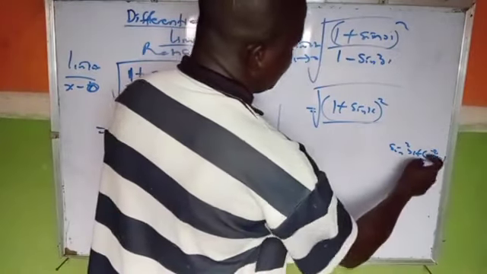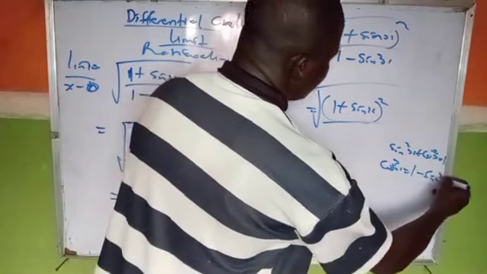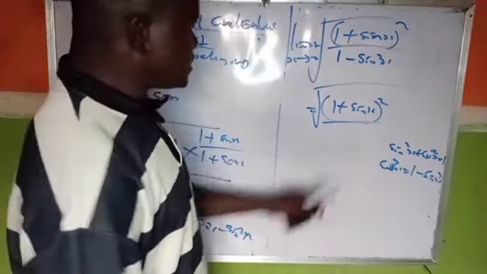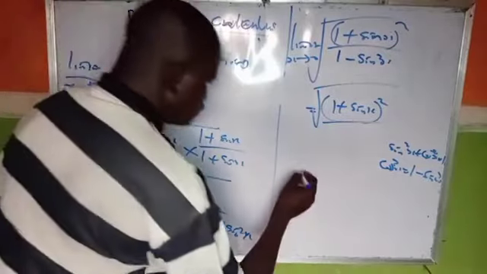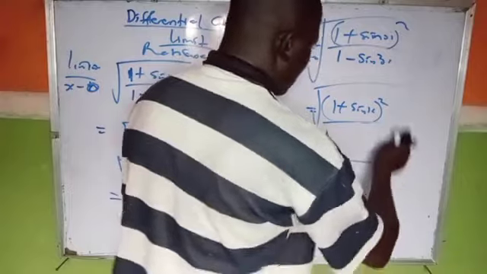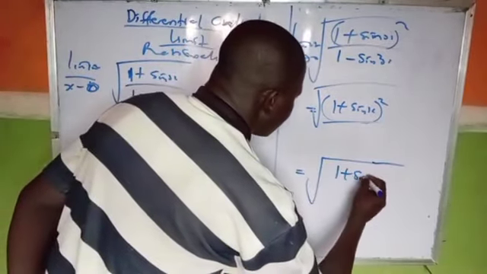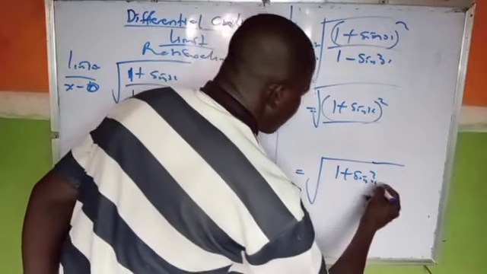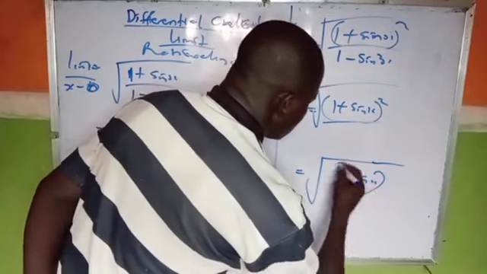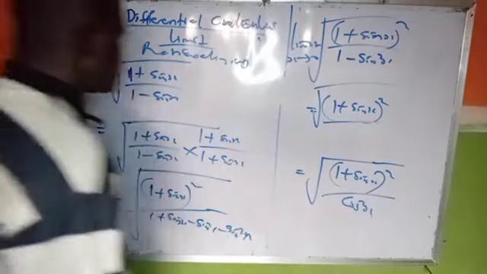If you make cos the subject of the formula, you have 1 minus sine square x. So you replace this one with this. Your answer is going to be 1 plus sine x squared over cos square x.